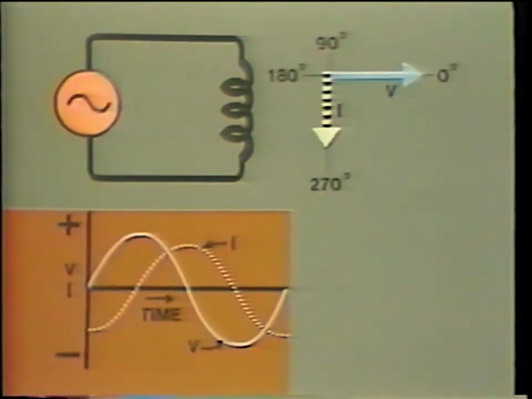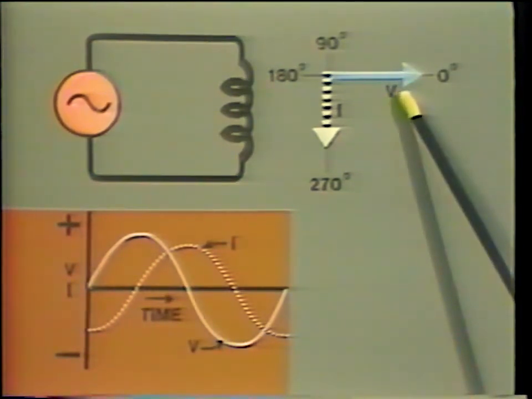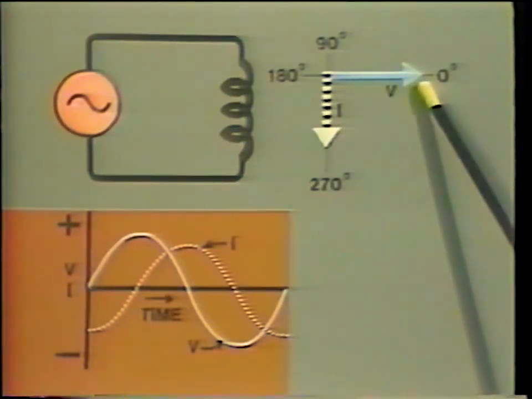A more convenient way of comparing phase angles is by drawing a vector diagram like this. The vector is a line which shows magnitude, that is how much, and it also shows direction. This vector represents the voltage. Its length is proportional to the RMS value of voltage.